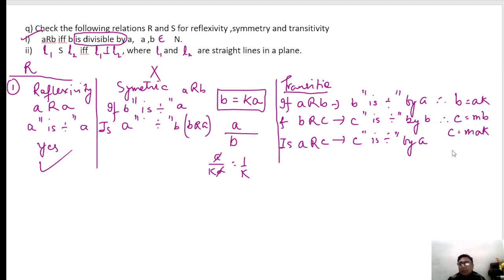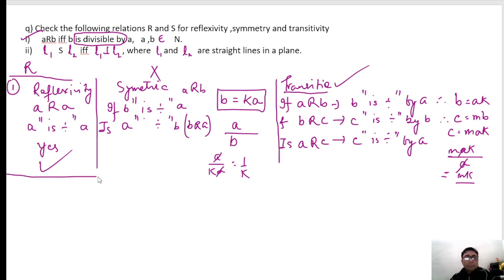C is MAK, so MAK by A. So friends, as you can see now here, it is coming MK. That means C is easily divisible by A. That means all these conditions are valid. That means this is transitive. This is a transitive relation, right?